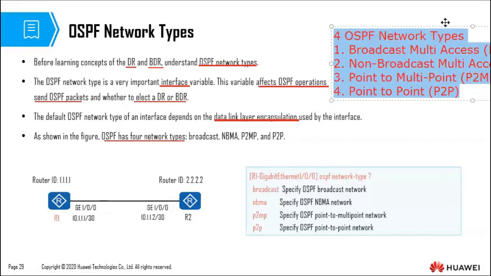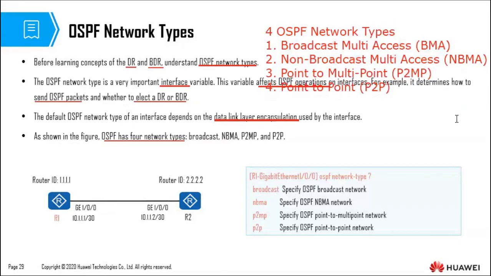So if you want to see these network types on a router, you can do so by going into an interface, for example in R1 here, then you type ospf network-type space question mark. You're going to see a list of all the possible options that you have.